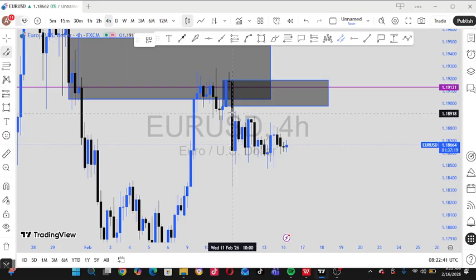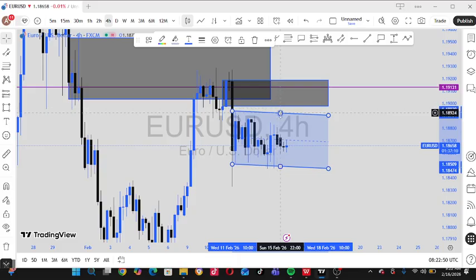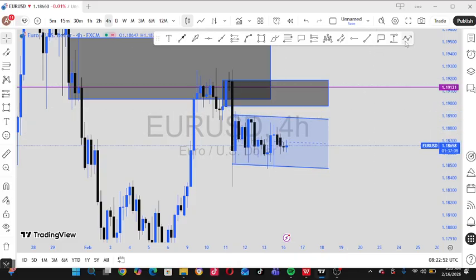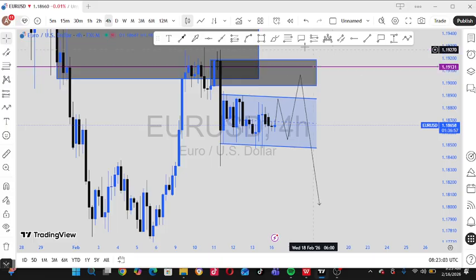According to the law of accumulation, manipulation and distribution, we have this zone as accumulation, which we expect the market to manipulate to enter our zone, then distribute. So this is actually what we have.